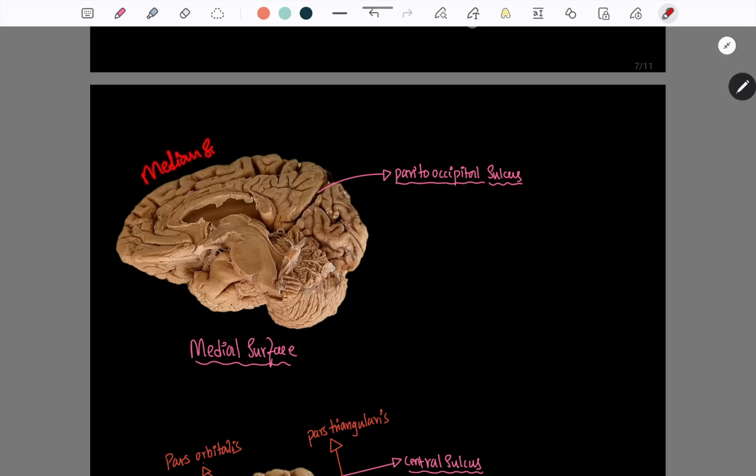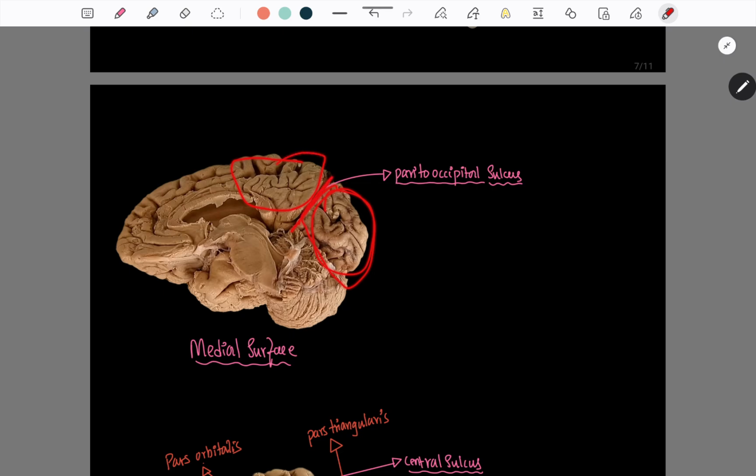Okay, this is the medial surface. Not median, it's medial. On the medial surface there is a sulcus called the parieto-occipital sulcus, because this part is occipital and this is parietal.